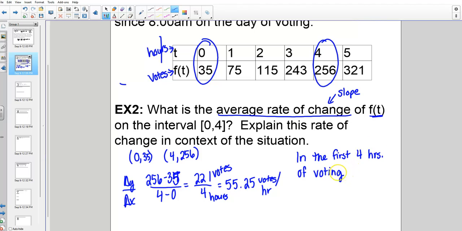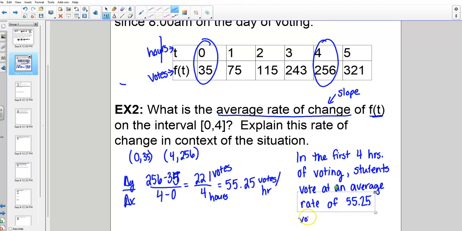So in the first 4 hours of voting, students vote at an average rate of 55.25 votes per hour.